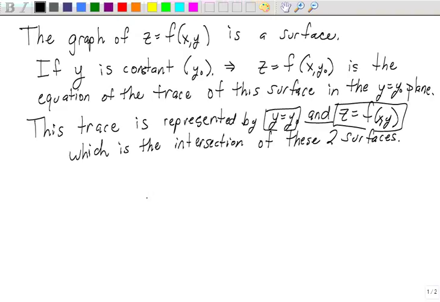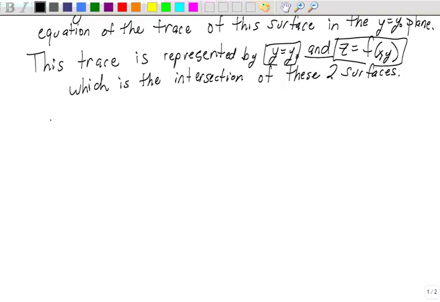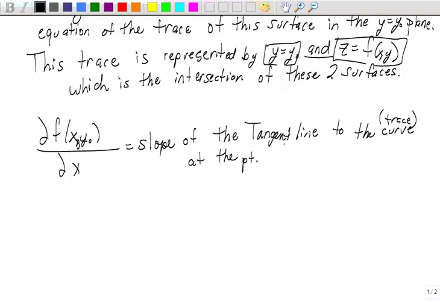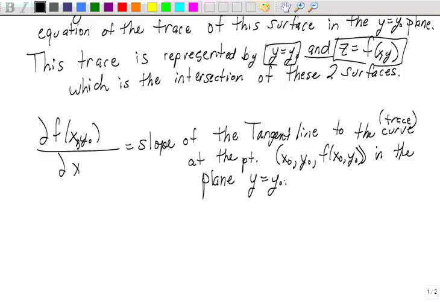So if we do the partial at x0, y0 with respect to x, then that's the slope of the tangent line to the curve, or the trace, at the point x0, y0, f of x0, y0, and the plane y equals y0.